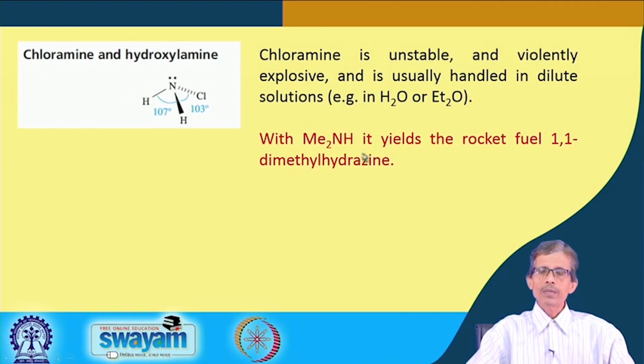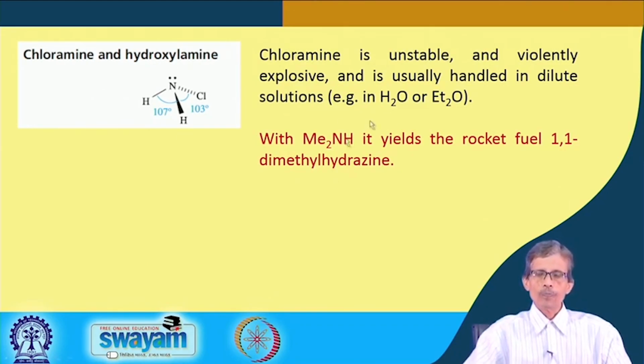Hydrazine itself can be burnt away very quickly, but substitution from one end of the hydrazine, that means the one NH2 end, is getting stabilized by making it an NMe2.